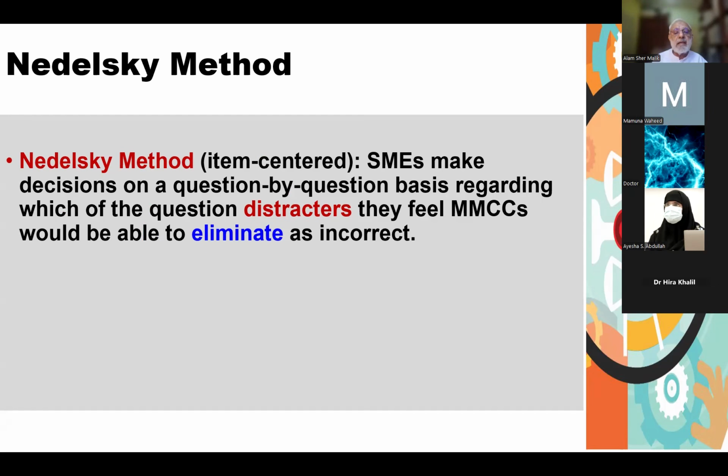Means what the SMEs do, they look at let's say the 4 or 5 statements, and first they think, okay, which of these 4 or 5 statements a minimally competent candidate would delete, in the sense that they would say, okay, they are absolutely confident that is a distractor, that is not the right statement.